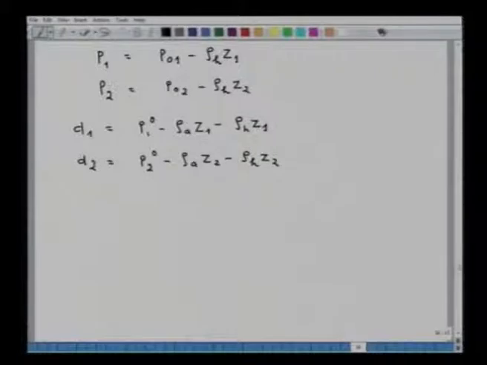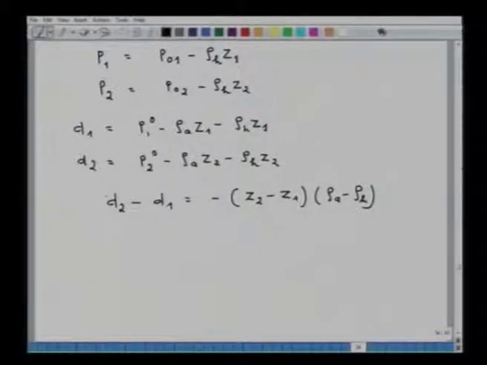So, now we can determine very straightforwardly D2 minus D1, which will be equal to minus (Z2 minus Z1) into (rho A minus rho H). So, this is the equation for determining the draft.